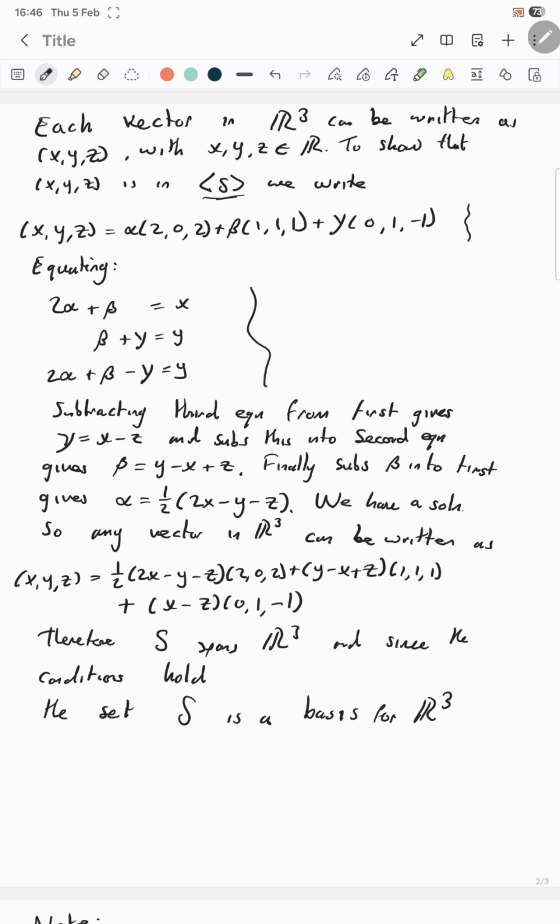Subtracting the third equation from the first gives gamma equals x minus z, and substituting this into the second equation gives beta equals y minus x plus z. And we finally substitute beta into the first equation, which gives our alpha value here. Now we have a solution for any vector in our space, and it can be written as such. So S spans our space, and since the conditions hold, the set S is also a basis for our space.